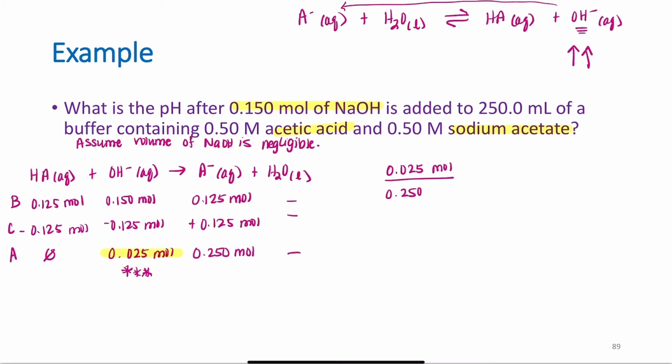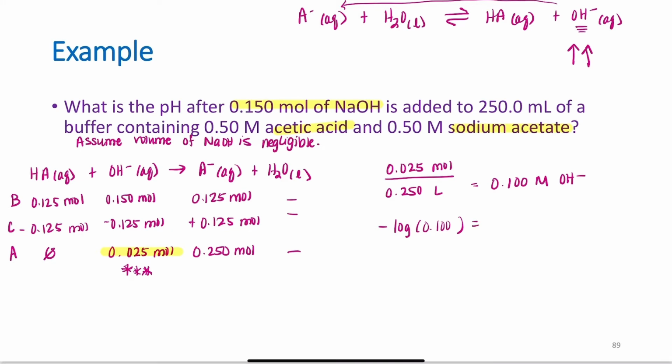0.025 divided by 0.25 liters gives me a 0.100 molar OH minus solution. Negative log of 0.100 molar gives me 13.00.